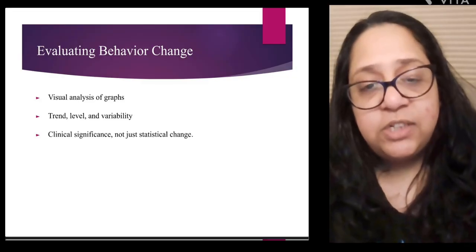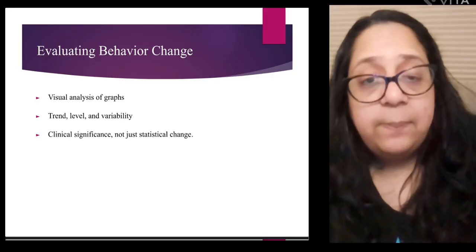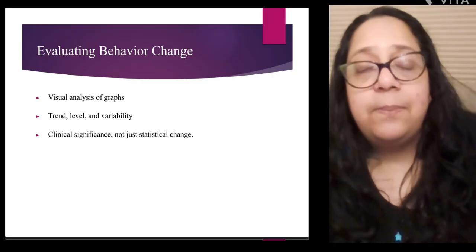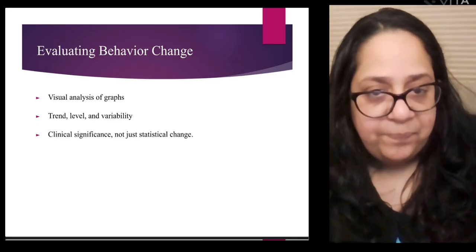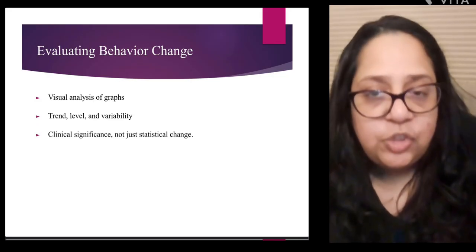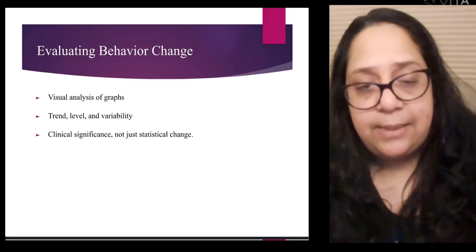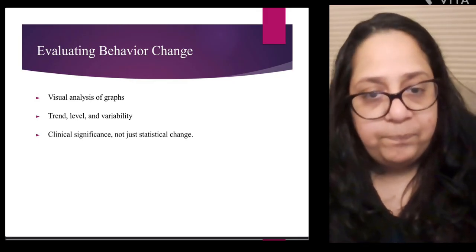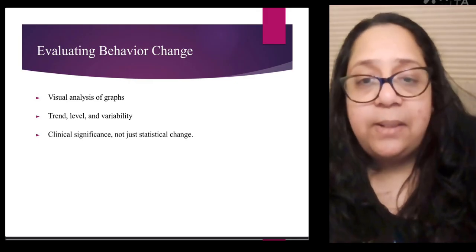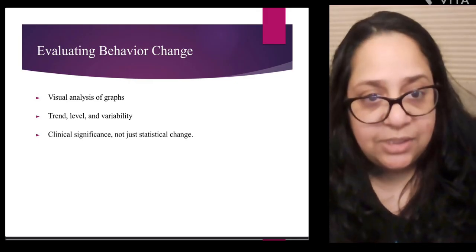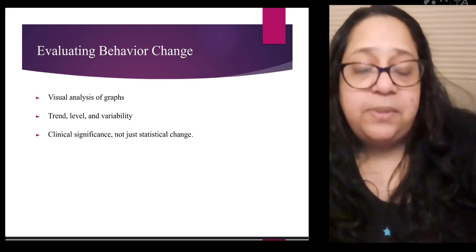The behavior change may include increasing desired behaviors, decreasing problem behaviors, or maintaining adaptive skills. So importantly, change must be clinically meaningful, not just statistically noticeable. So the question is not simply, did behavior change? It is, did the change improve the person's life?